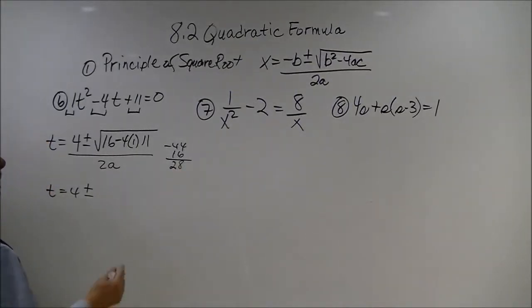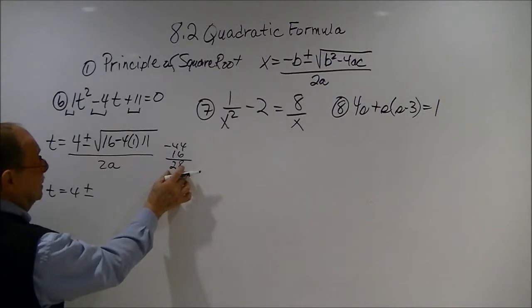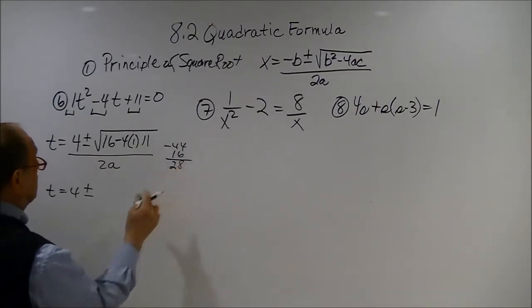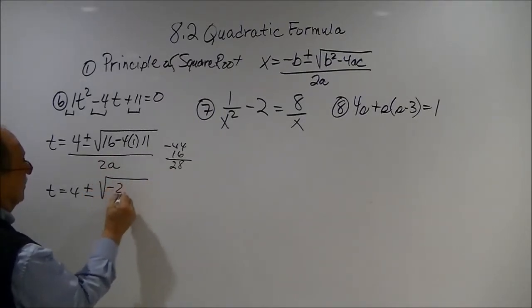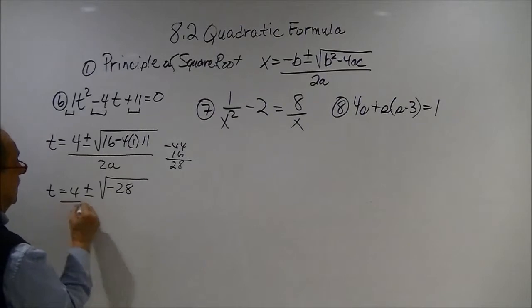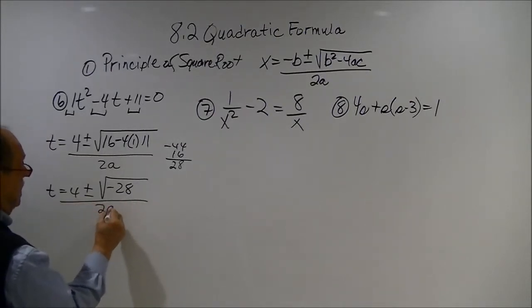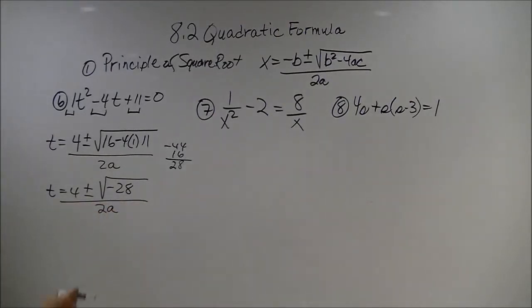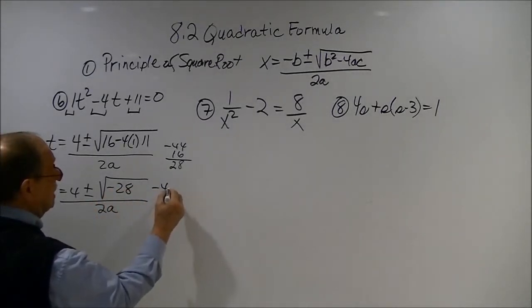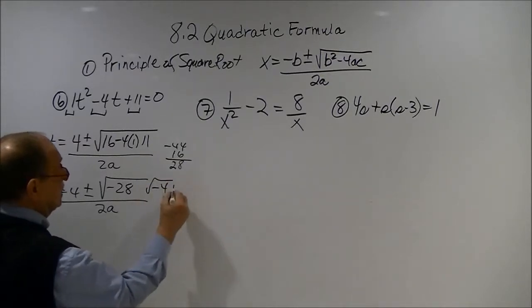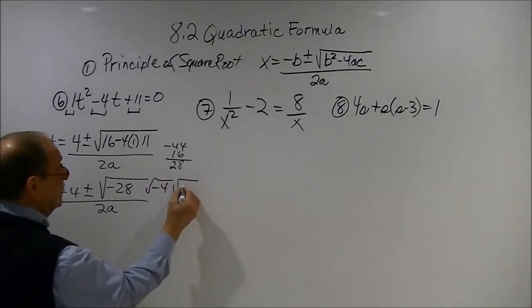So this gives me then a negative 28 under the radical sign, divided by 2a. Now as we look at negative 28, remember that's like a negative 4 times the square root of 7.